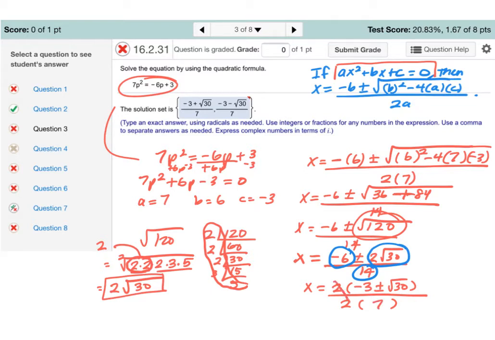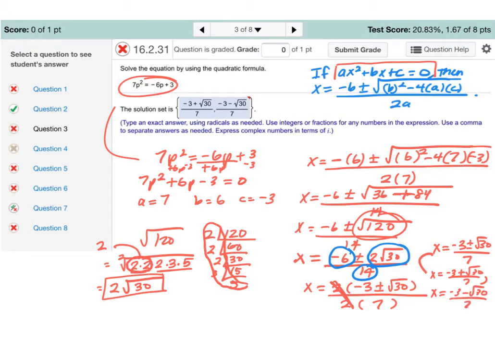And so now I can cancel the 2's, and I can say that x is equal to negative 3 plus or minus the square root of 30, all divided by 7. If you want to split the answers apart, you can say that x is equal to negative 3 plus the square root of 30 over 7, and x is equal to negative 3 minus the square root of 30 over 7.